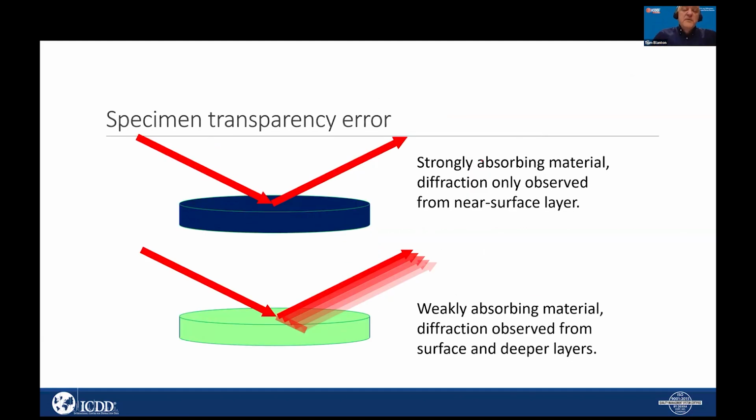So let's talk about specimen transparency. If you're looking at a material that's strongly absorbing of X-rays, you typically get your diffraction pattern just from the near surface of the sample. But if you have a weakly absorbing material, for example organics, relative to your X-ray beam, you tend to penetrate much deeper into the sample, and therefore you're going to see what we would refer to as a shift and a broadening of the diffraction peak.